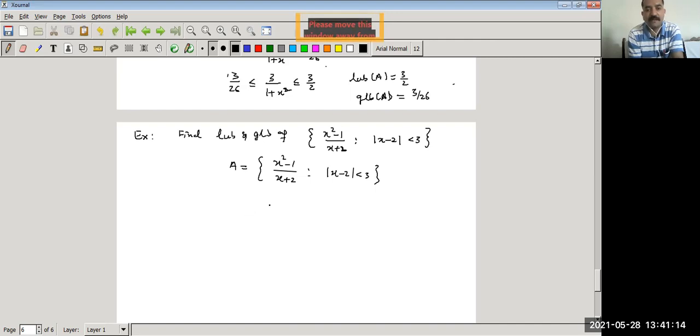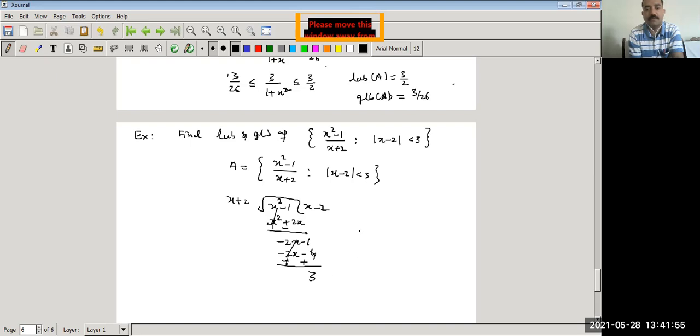So first we simplify x² - 1 divided by x + 2. We divide by x - 2, x + 2, we get x² + 2x, this cancels out, so - 2x - 1, and we multiply it by - 2, so we get - 2x - 4, so subtracting we get 3.